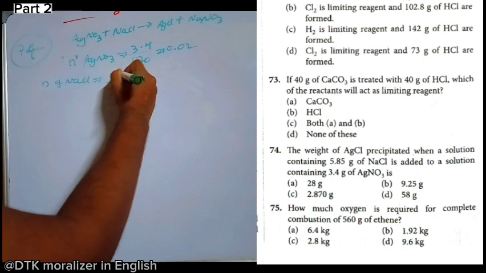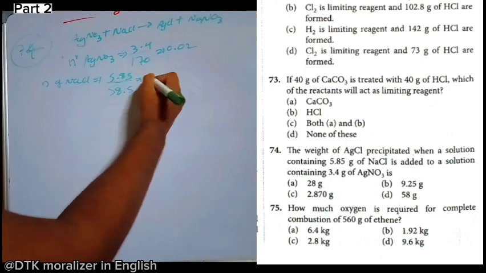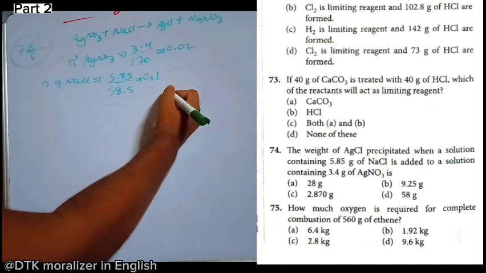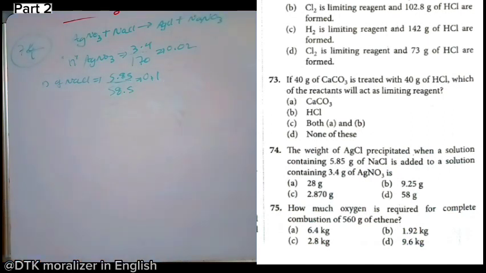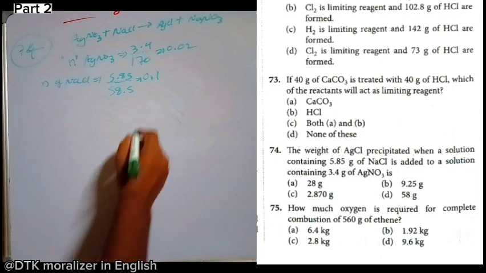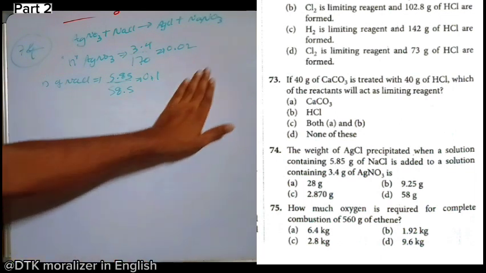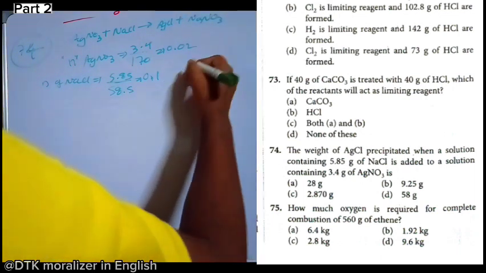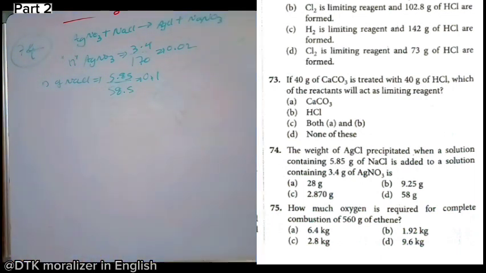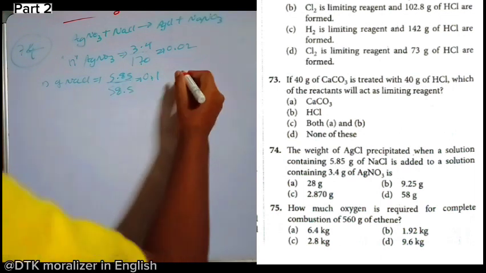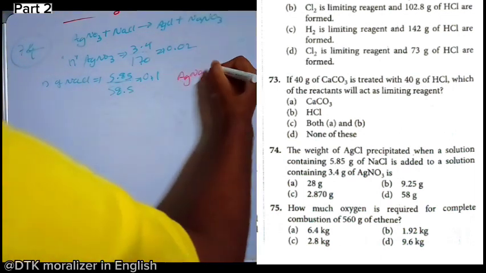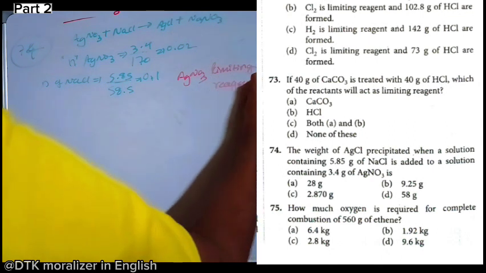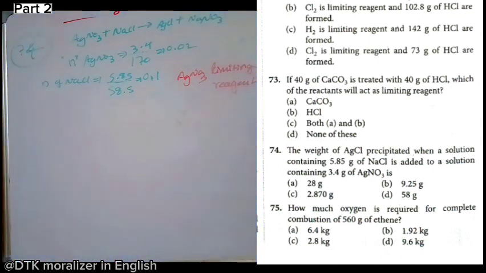Moles of sodium chloride is weight by molecular weight, which is equal to 0.1. Here silver nitrate is the limiting reagent.